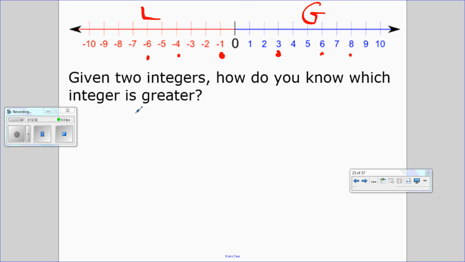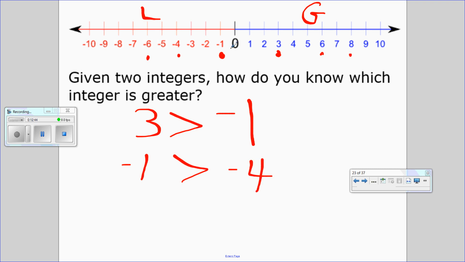Let's practice our inequalities. 3 is greater than -1. 3 is more than -1. -1 is more than -4. -4 is greater than -6.